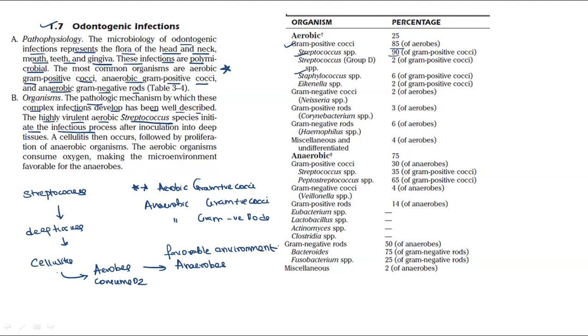Now let's go through each page. So mainly in odontogenic infections, the infection-causing organisms are usually aerobic gram-positive cocci, followed by anaerobic gram-positive cocci, followed by anaerobic gram-negative rods. Streptococcus inoculates into deeper tissues, leading to cellulitis, where aerobes consume the oxygen and make it an oxygen-deprived environment, which is favorable for anaerobes to further infect.